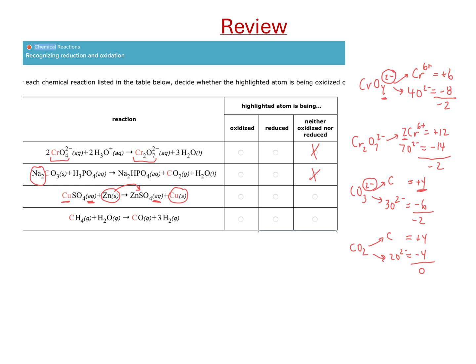In copper sulfate, we know that sulfate is 2-. Copper sulfate needs to be neutral overall, so that gives us a 2+ charge on copper. We end up with elemental copper, which would be copper 0. So for this reaction, copper goes from 2+ to copper 0.